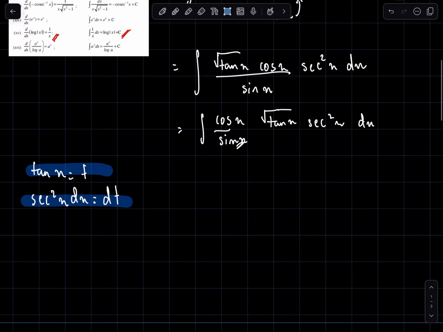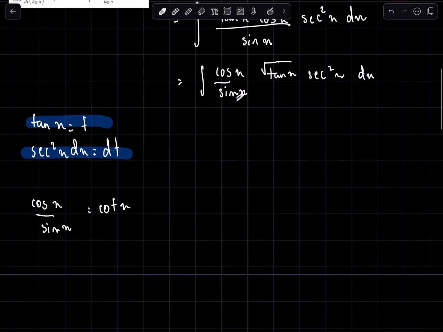Sorry. This cos of x by sine of x is equal to cot of x. Gotta write it properly, sorry. Okay, cos of x by sine of x is equal to cot of x. My bad. Okay, tan of x is equal to sine of x by cos of x.